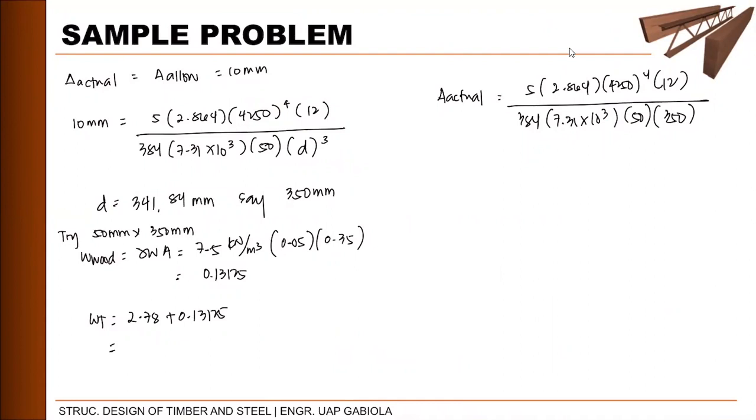So we have 2.911 kilonewton per meter. So let's change this value, 2.911, and then calculate natin yung magiging value ng ating actual deflection.